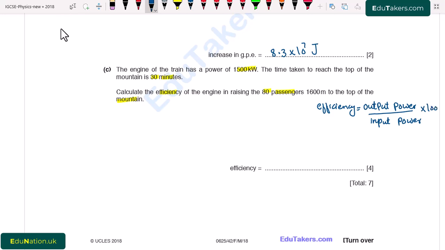So first of all, here input power is 1500 kilowatt, that is the power of engine of the train, and output power is not given. We have to find out the output power, and this potential energy is basically the output energy, and time is given, that is 30 minutes.